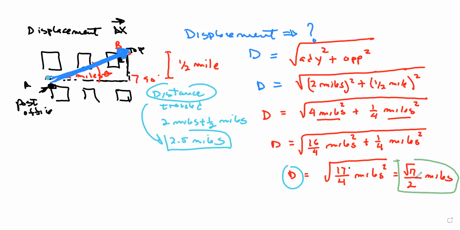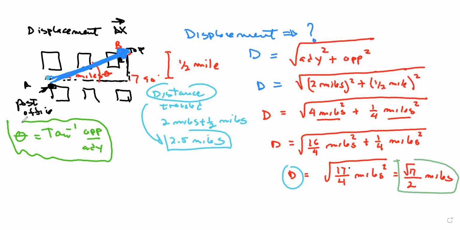So it's going to be this one right here. Theta is going to be the arctangent of the opposite divided by the adjacent. So this is going to be your formula to find the direction of the displacement from point A to point B. So theta is going to be the arctangent of the opposite, 1/2 miles, divided by the adjacent, which is 2 miles.